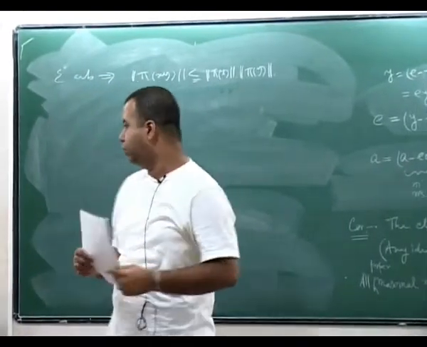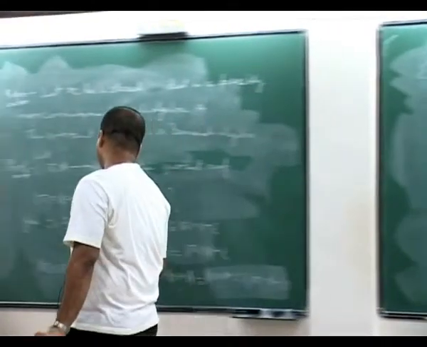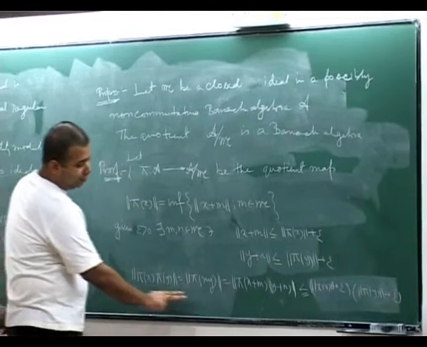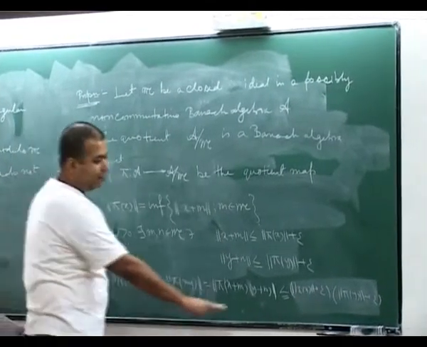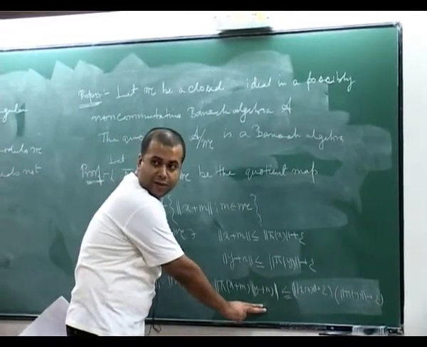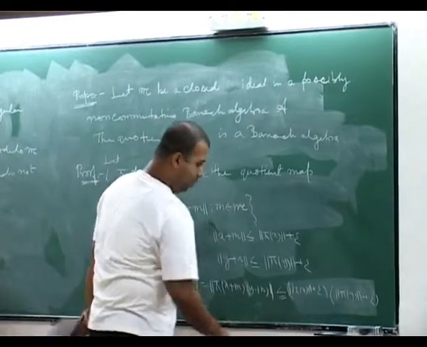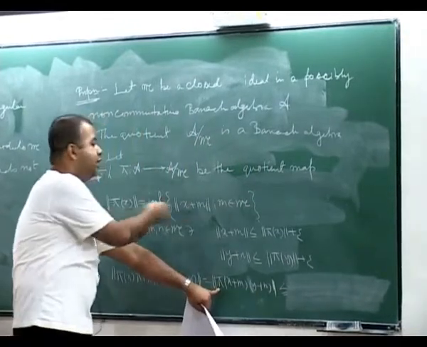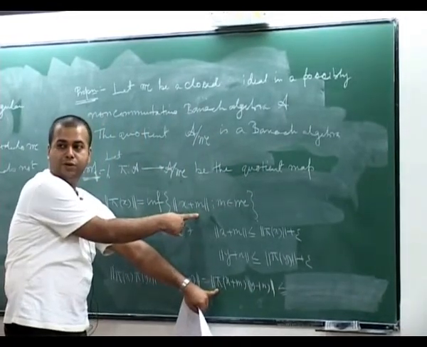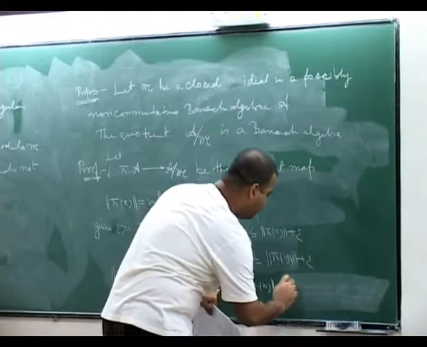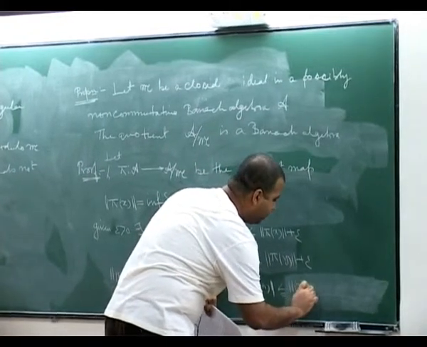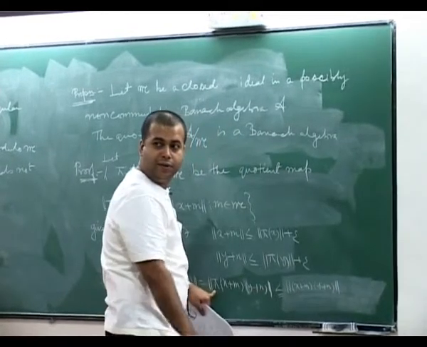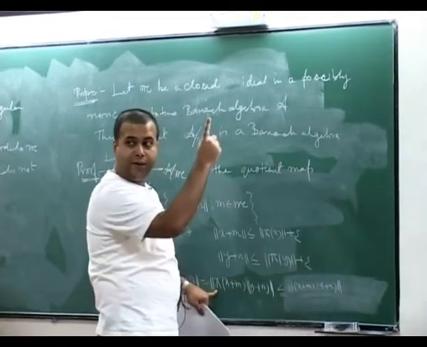Okay. So we start with x and y. I write down norm of pi x pi y, that is the same as pi of xy. So pi of x plus m times... So pi is contractive. This is an infimum, so I can put m equal to 0. This is the norm in my original Banach algebra.